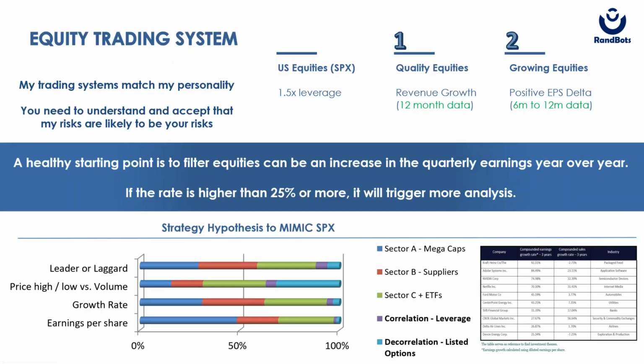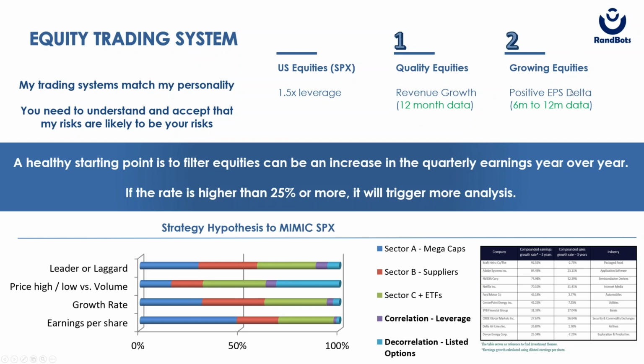So we're going to go into what I call the trading basics of this system, which is an equity trading system focused on the SPX, and this system uses about 1.5 leverage. The first step is we're going to analyze what I consider quality equities.